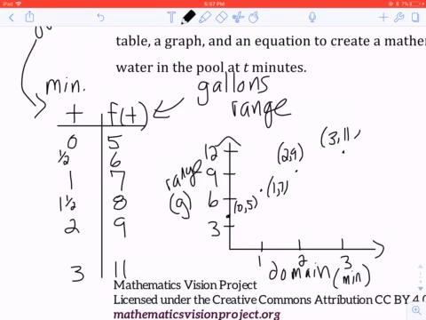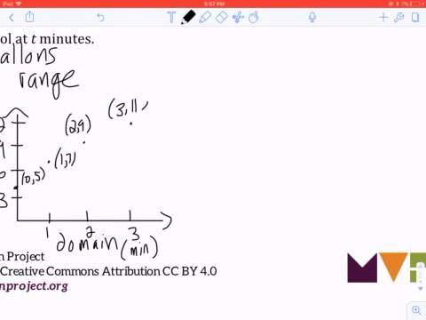I can go out there and measure the gallons literally any second, and I could get fractions. And the time can be broken up. It's continuous, which brings us to our next definition here, a continuous function.